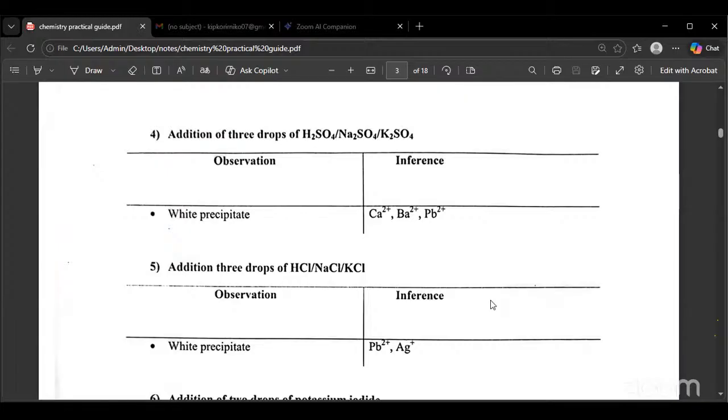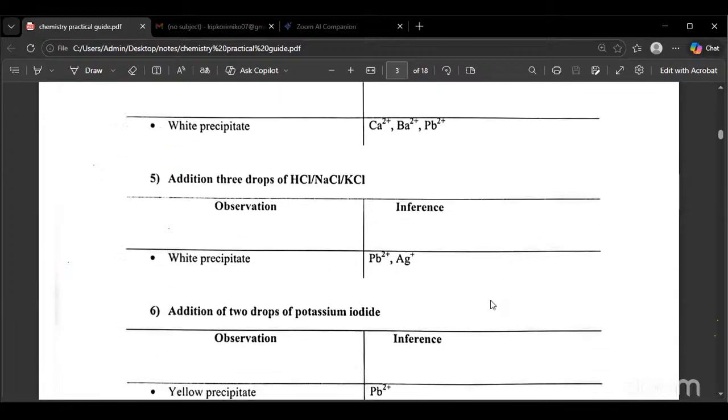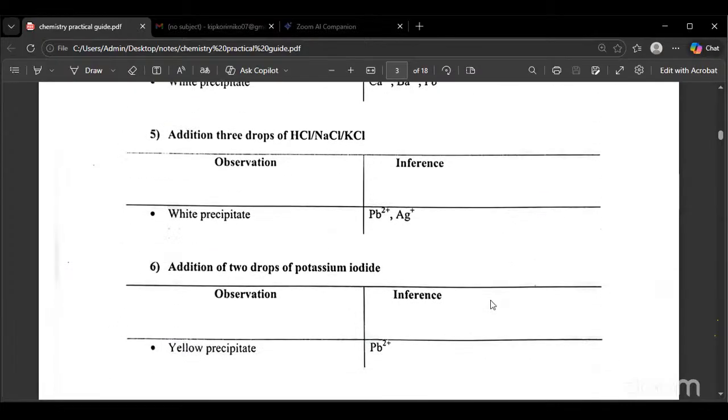So easy questions, this one I'm just giving, it is just a guide. But the main understanding should have come in the source. That is why I said the source in Form 2 is so dangerous that it can affect the results of very many people. But I don't think many people know that. Because actually, what we are discussing here is the solubility of salts. Addition of 2 drops of potassium iodide, yellow precipitate, again it is salts. I want you to go back to salts.